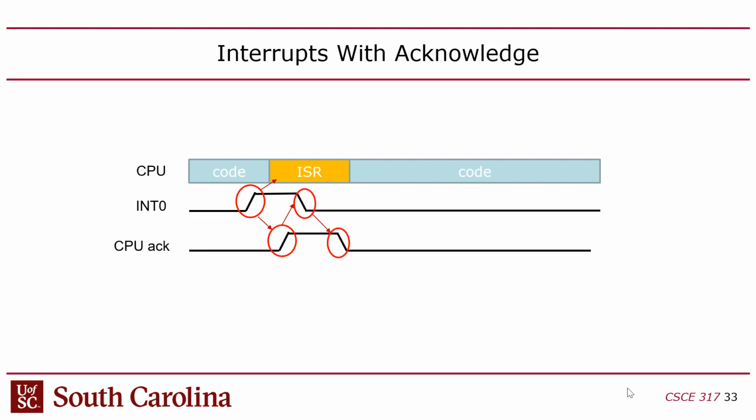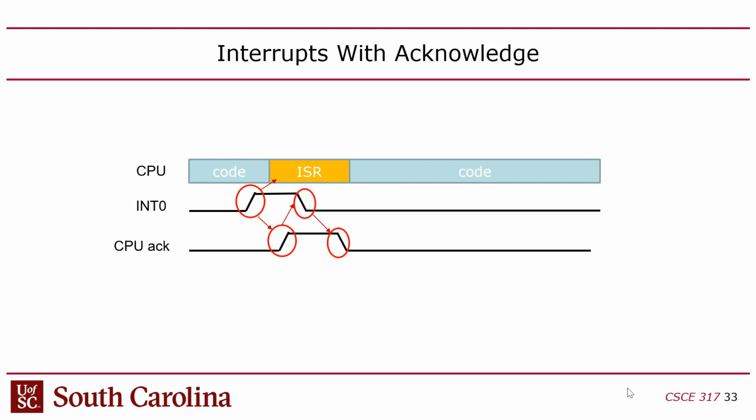But sometimes it takes some time to get in there. Sometimes the CPU is doing something that can't be interrupted right away. But the CPU will start responding to that interrupt, and when it does, it'll raise an acknowledgement flag, which tells the peripheral that the CPU has acknowledged the interrupt, which allows the peripheral to drop its interrupt request. And when that happens, the CPU can likewise drop its acknowledge.